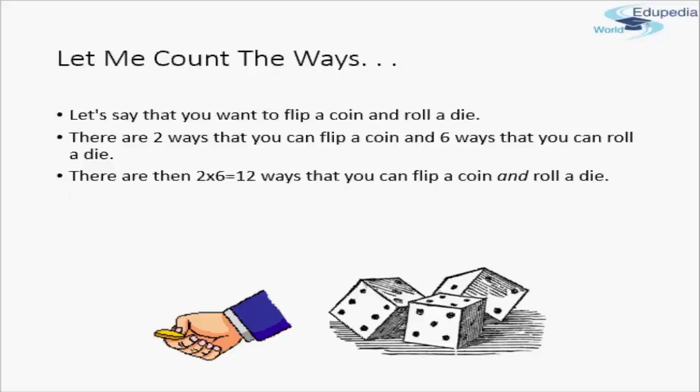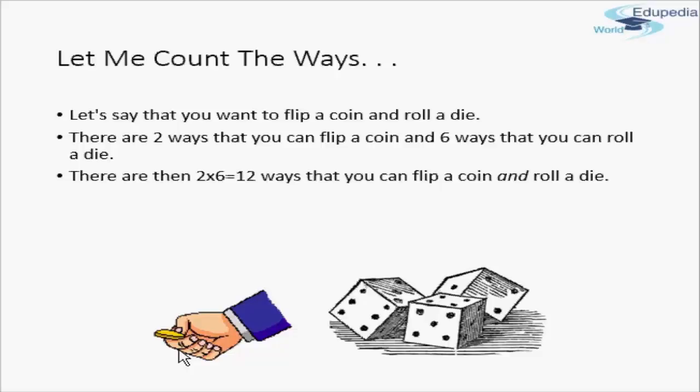So moving on, let's take an example. Let's say that you want to flip a coin and roll a die. These are 2 independent events, just like m and n that we saw in the previous slide. How many outcomes can a flip of a coin have?